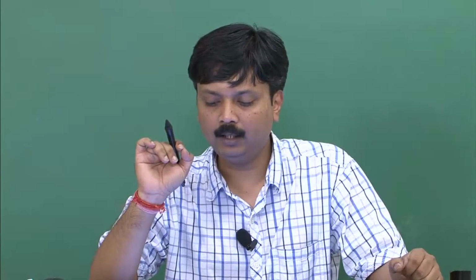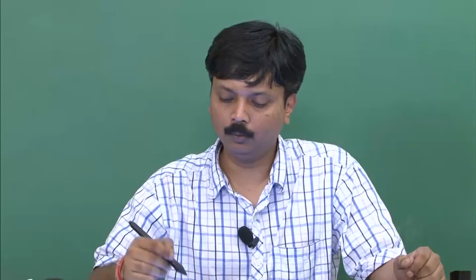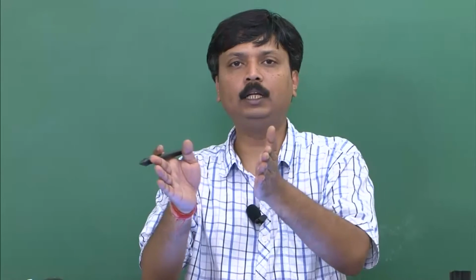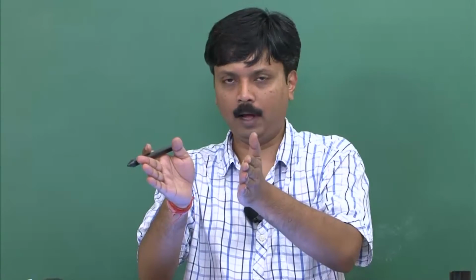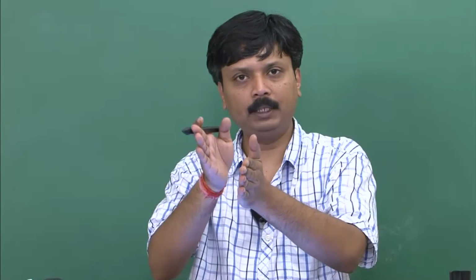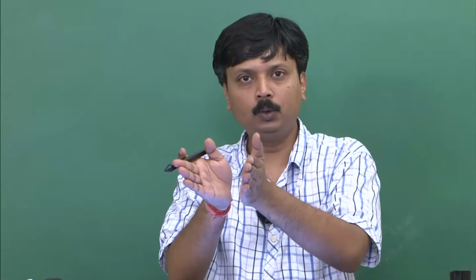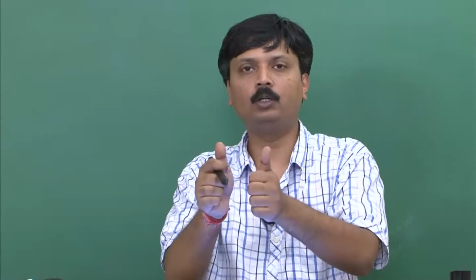Do I have a sigma d? Yes, I do. Any of these sigma d's will be very easily found, because I have the C2s now. If I find any two adjacent C2s, and you have a plane which contains the principal axis of symmetry and bisects the angle formed by two C2 primes, you have got your sigma d.